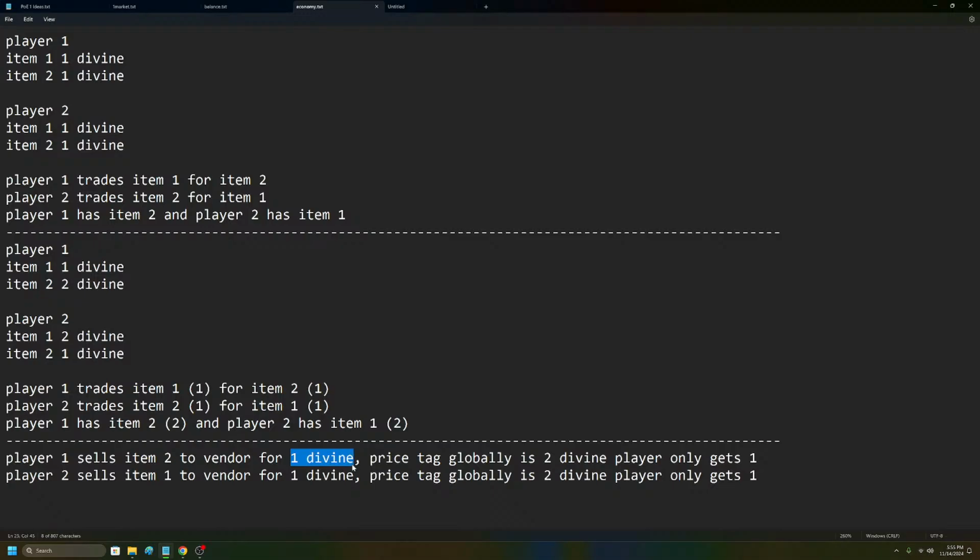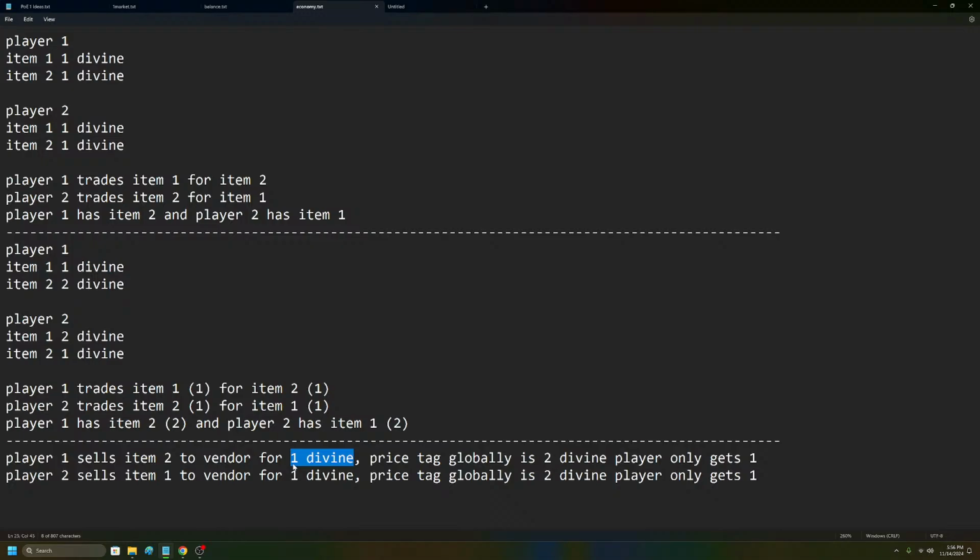Because the other thing that I'm not sure if I mentioned yet is that every item has to have a data tag on it that basically says what that item is worth. It's kind of like a trade history almost.